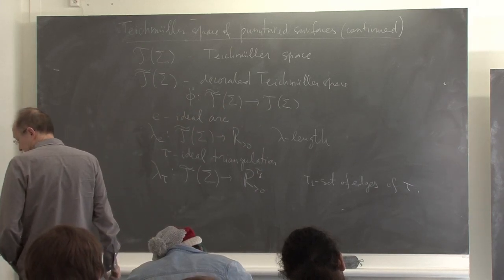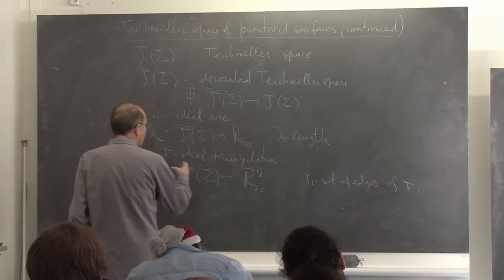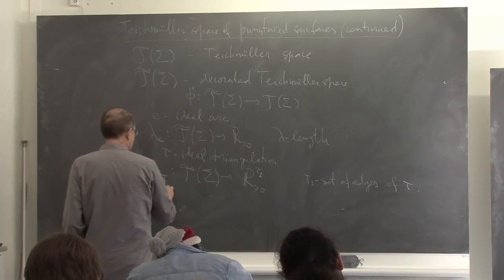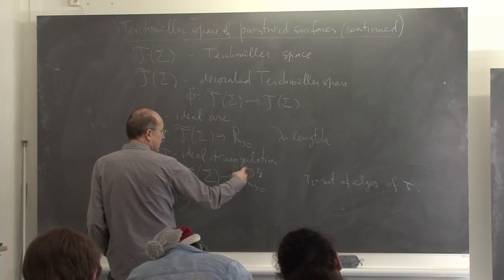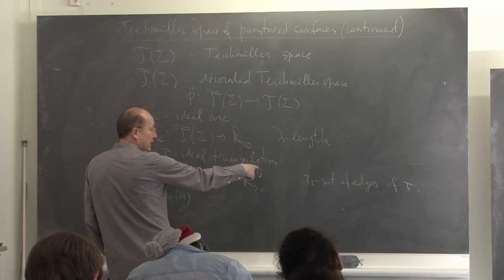And this was defined just as a collection of lambda lengths. So lambda tau of m tilde. I interpret this as a set of functions on the edges.